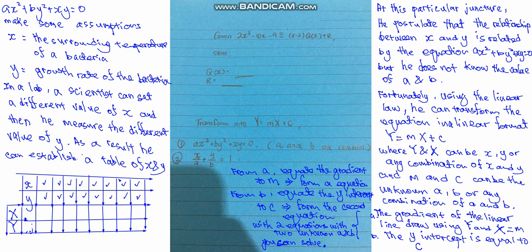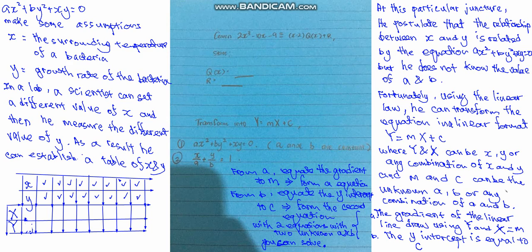Once you obtain the gradient, you equate it to m. Let me repeat: the gradient value of the line is equal to m. You can obtain the value from the graph. When you do the transformation into the linear equation, your m can be a, can be b, or a combination of a and b.